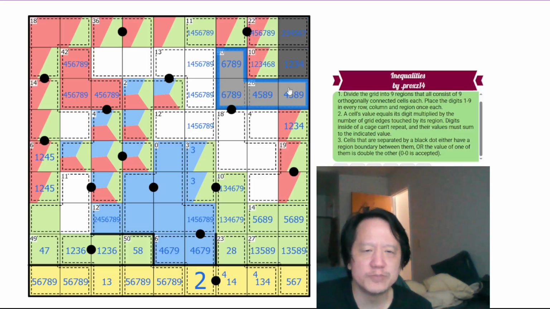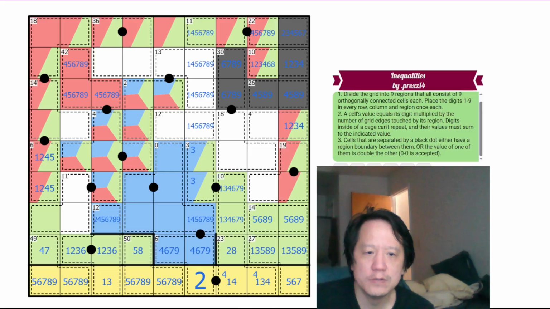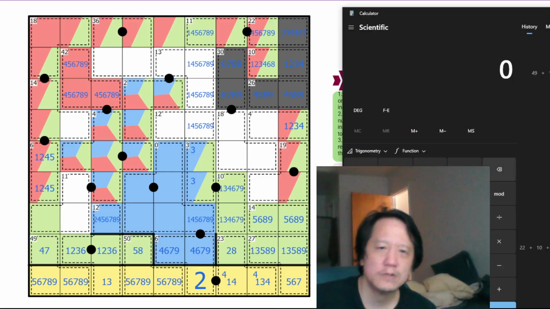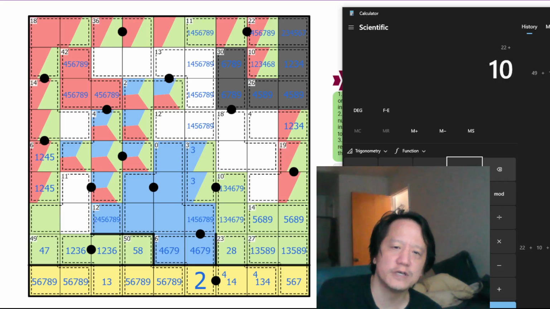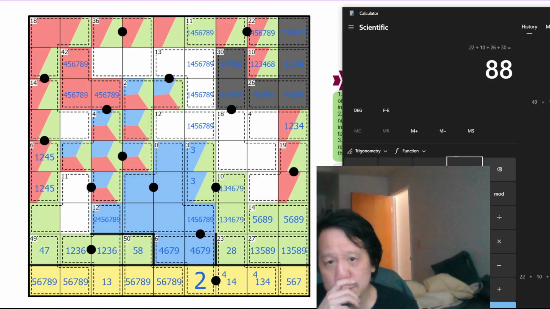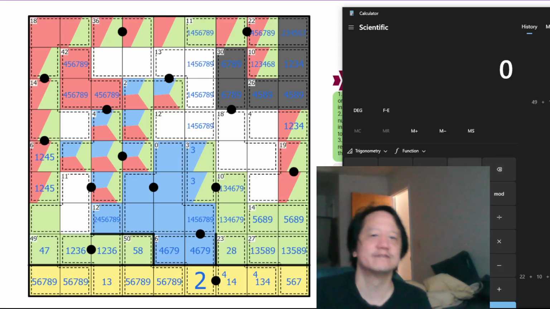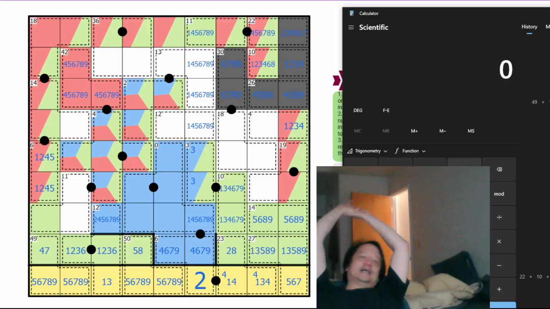What does this add up to right now? So 22 plus 10 plus 26 plus 30. That's 88. Which would require a 1. So that actually could be doubled. Dang it.